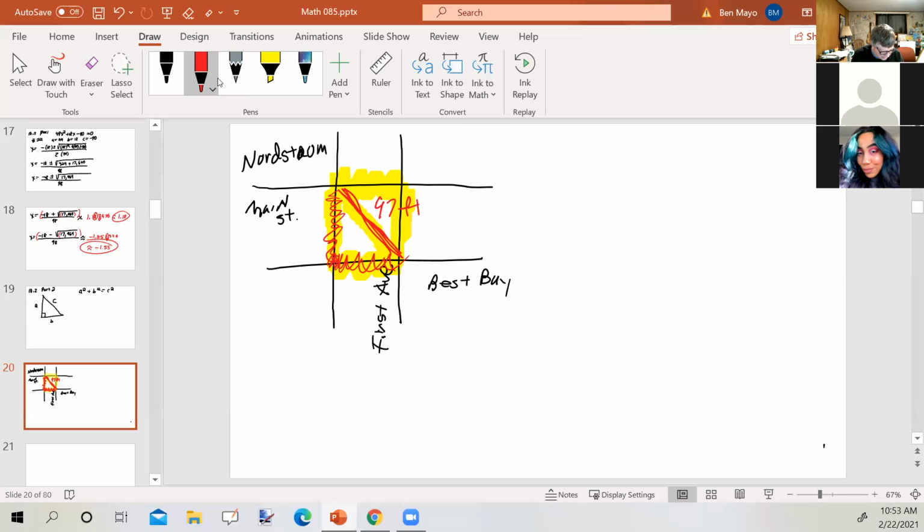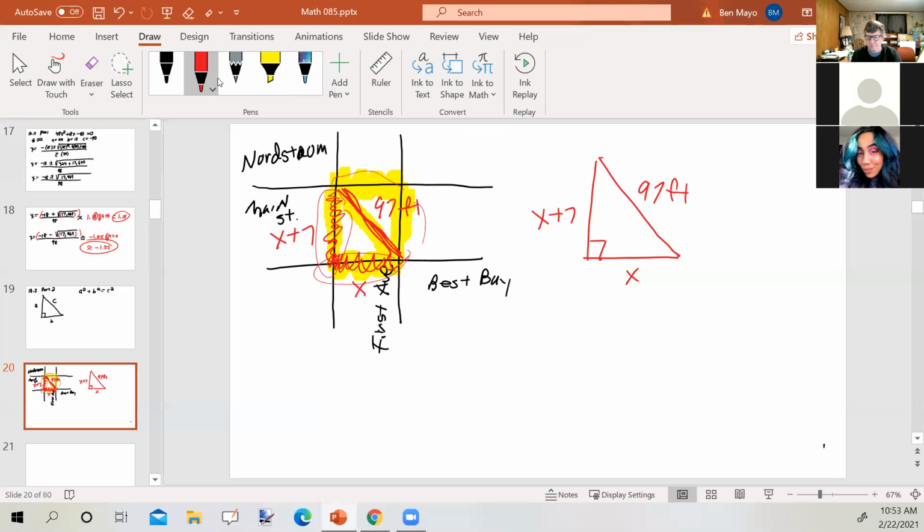Okay, so the Main Street crosswalk is 7 feet longer than the First Avenue crosswalk. So if we call the First Avenue crosswalk x, this would be x plus 7. So we want to know how much distance they save by walking the 97 feet instead of walking this piece plus this piece. All right, well, what this all boils down to is we've got a right triangle where this side is x, this side is x plus 7, and this side is 97 feet.